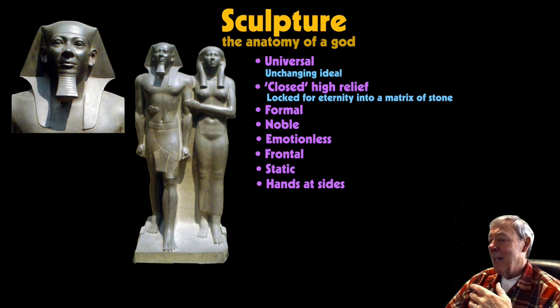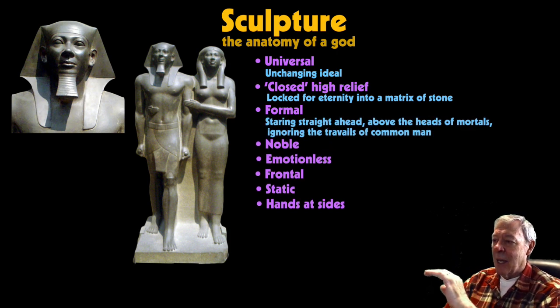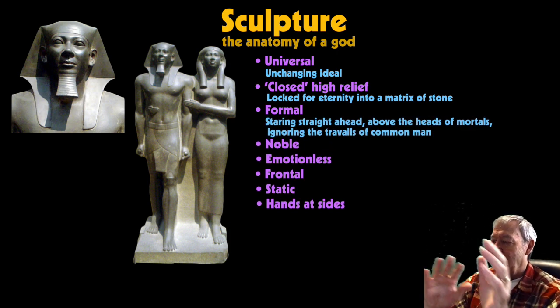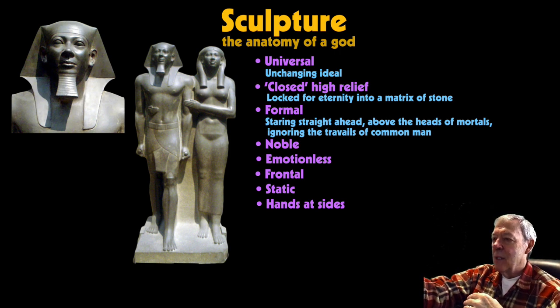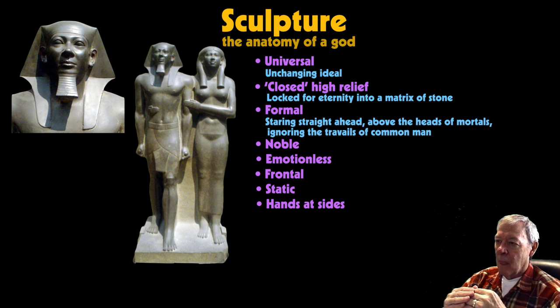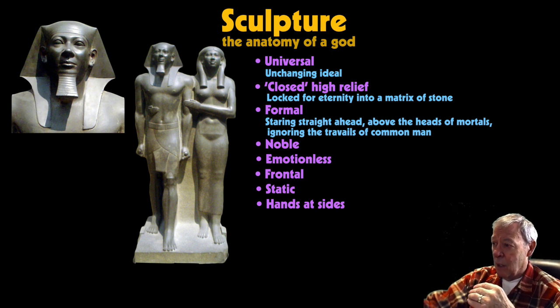The formality, what we see here are these figures staring straight ahead, not acknowledging anything to the left nor right, above or below, but just straight ahead, above the heads of mere mortals, ignoring the travails of common man as they stride forward through life and into the eternities.